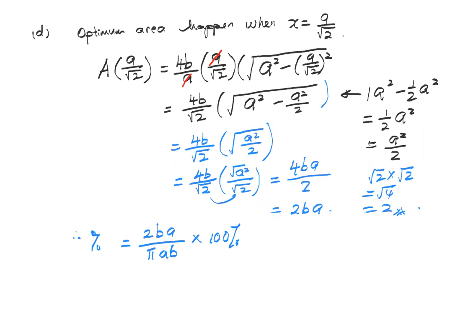So you see, at the end of the day, you don't have to worry about the unknowns. They can be cancelled off. So take out your calculator: 2 divided by pi times 100. So the answer will be less than 65%.